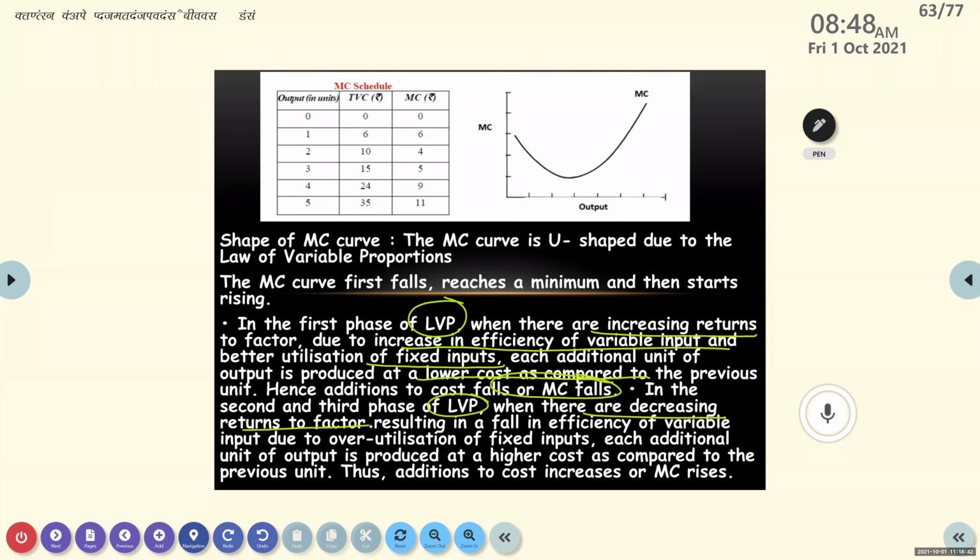Increase. For example, labor is 1 and fixed capital is 10, and you get the result 12.